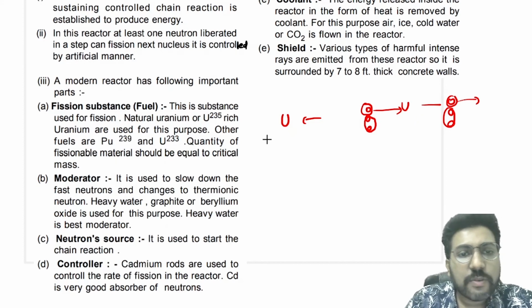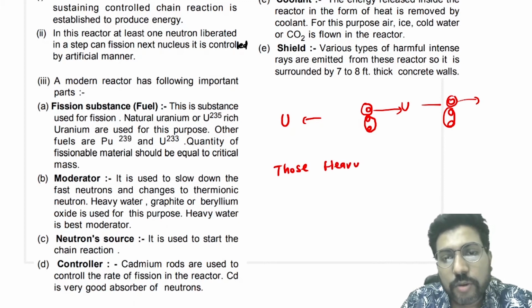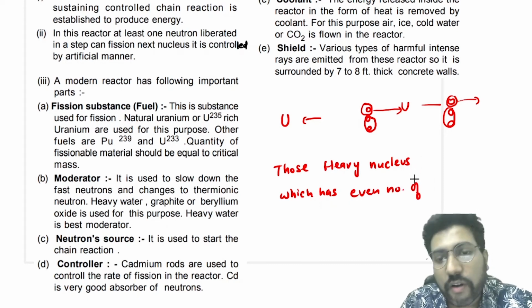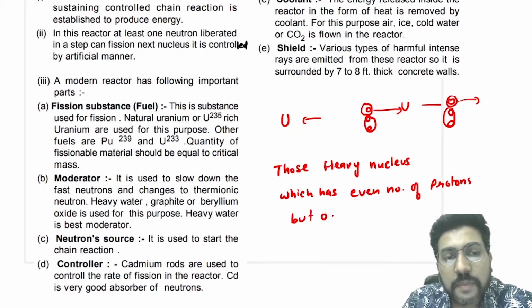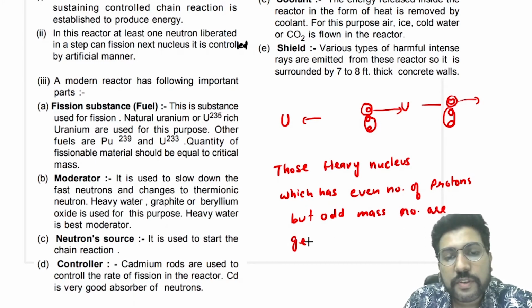In fact, I'll tell you one thing. Those heavy nuclei which have an even number of protons but odd mass number are generally fissionable or fissile.